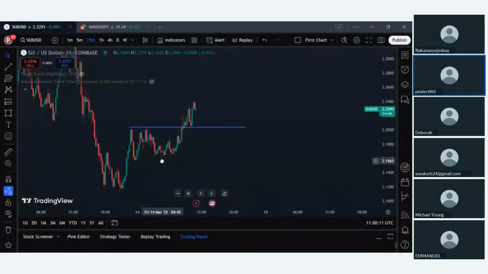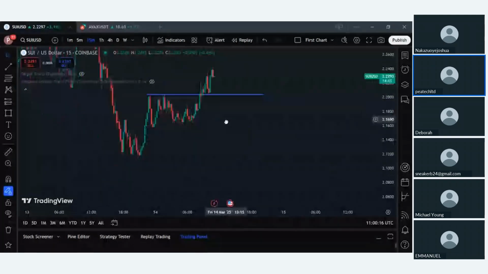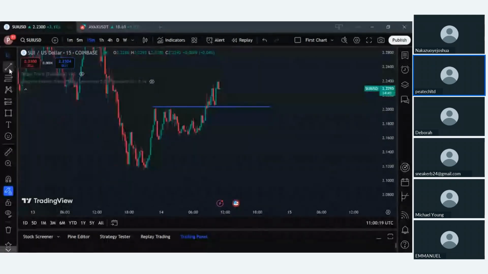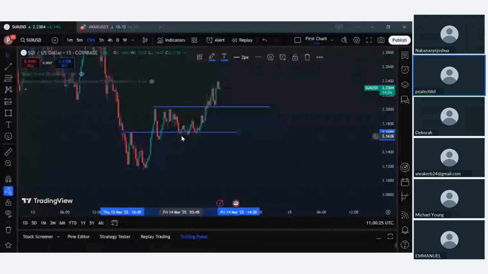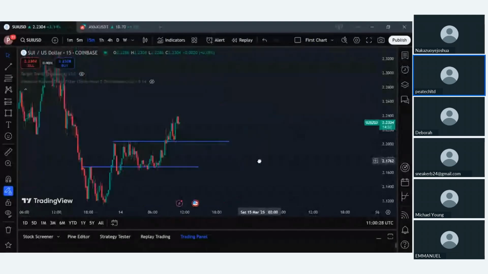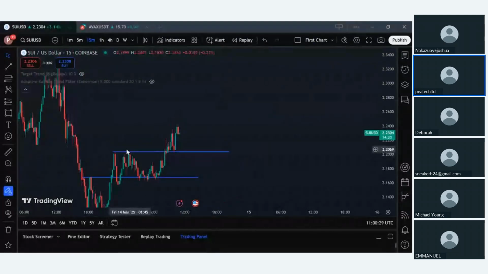Firstly, from our analysis, we saw that the market was already in an upward trend, and we were only waiting for the market to break certain zones before we could take our entry. And the zone happened to be this one, right? Here the market gave us an engulfing candle.